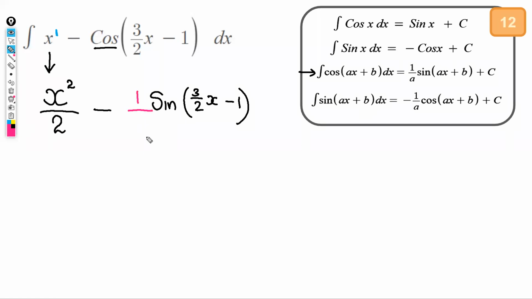So you're getting a 3 on 2 like that. Don't leave it like this, okay? 3 on 2 underneath a 1 just looks funny. I think you should throw it on top. And of course, the 3 on 2 will turn to 2 on 3, or 2/3, right? Plus C. How many of you all had my answer?